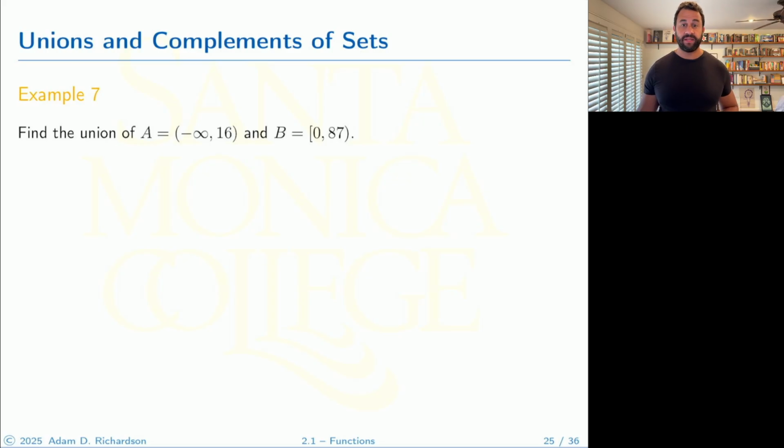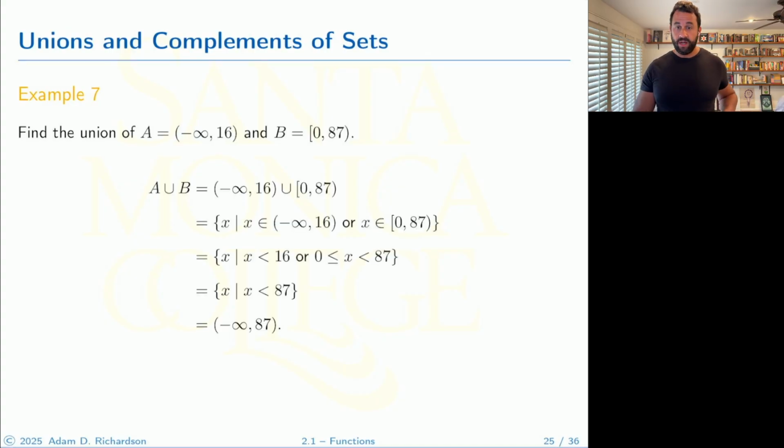Right, let's do it. Remember, the union of these two intervals is going to be everything that is in either or. I have the full calculation written out here. You don't need to go through all these calculations if you don't want to. If you can figure out what the union is just intuitively or visually, like we're going to see, great, go for it. I just have them here for your own edification.